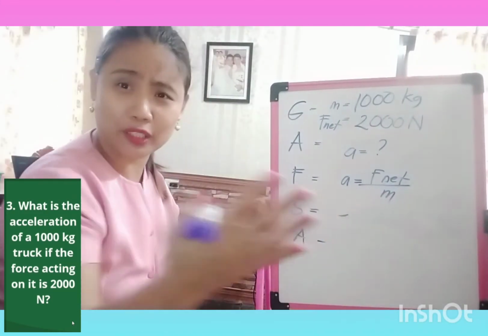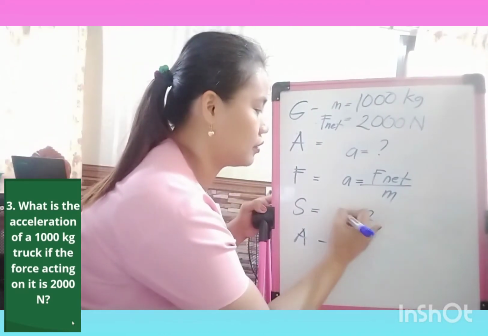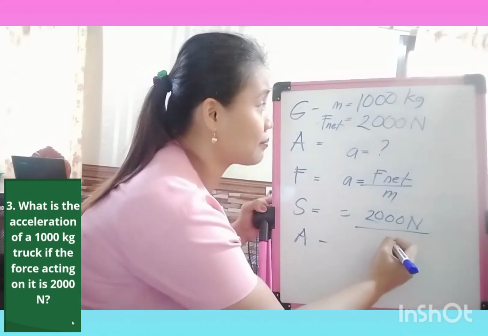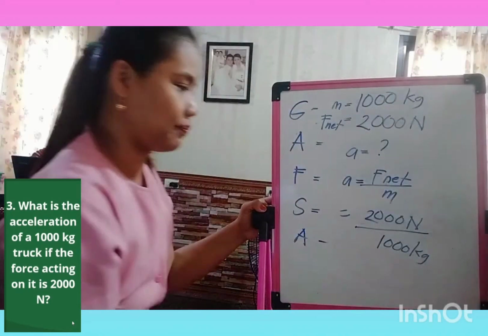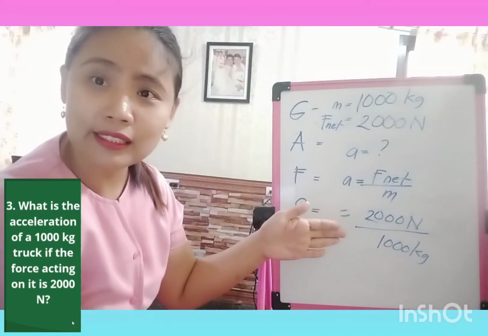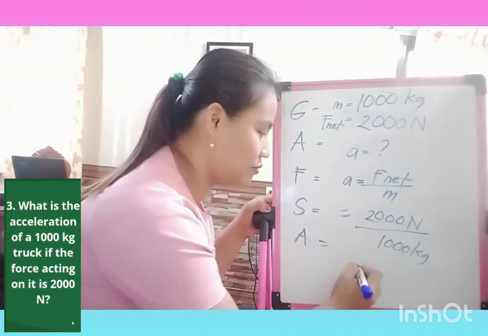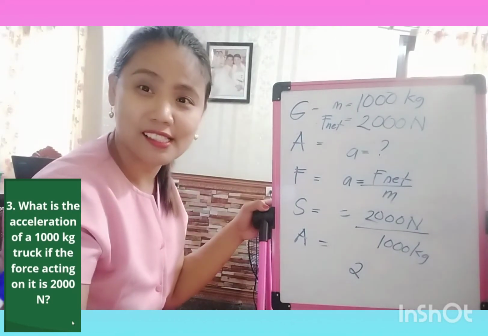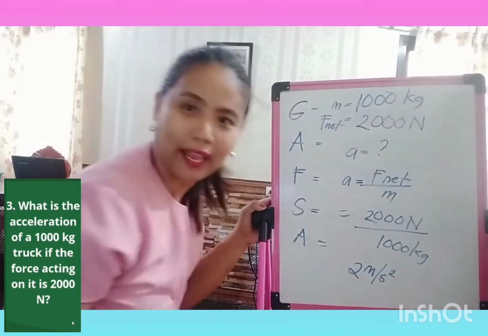Then, if we substitute it with the given, we have 2,000 Newton divided by 1,000 kilogram. So, 2,000 divided by 1,000, you have 2, and our unit is, very good, meter per second squared.